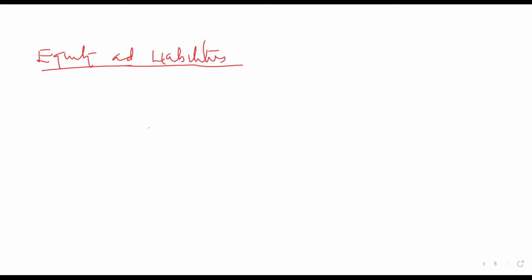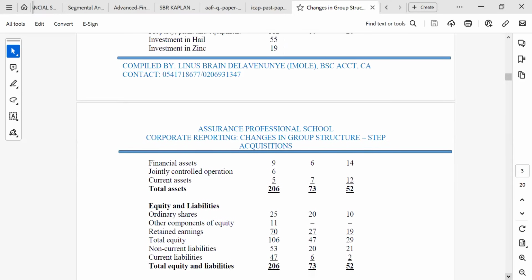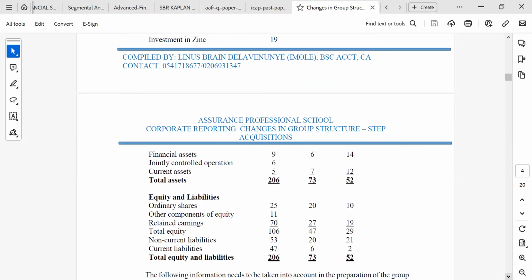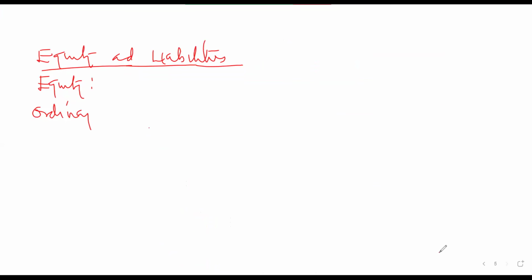Thank you. So we have the equity first here. Let's go to the equity items there. The ordinary shares. So the ordinary shares will be for owning who? The parent, that will come here.